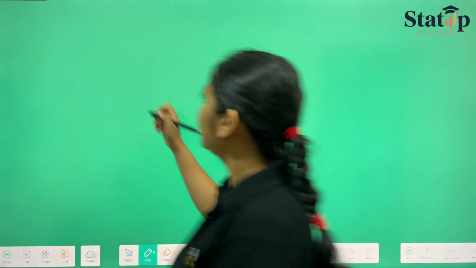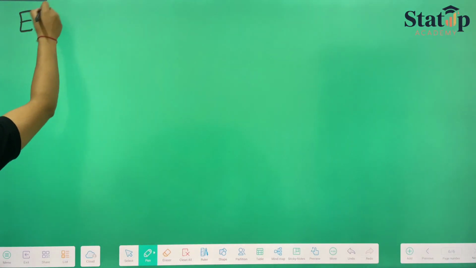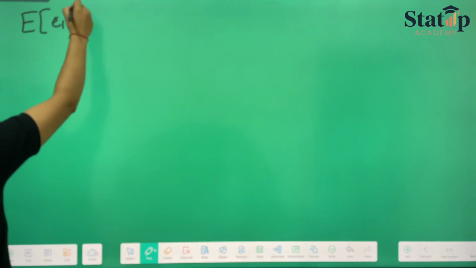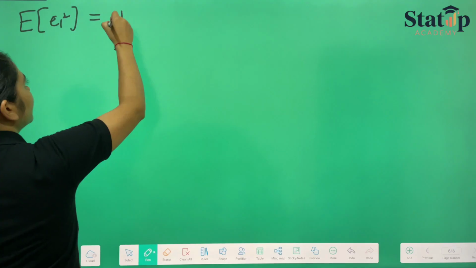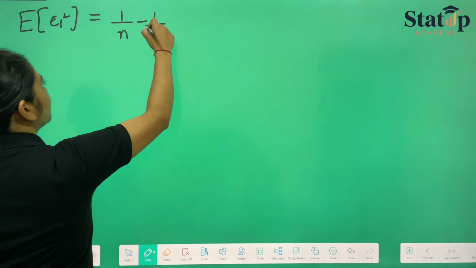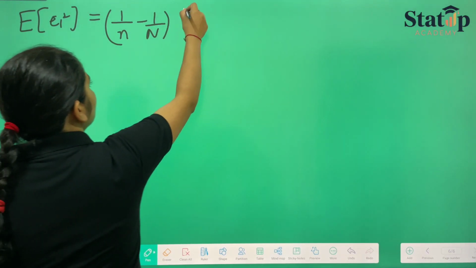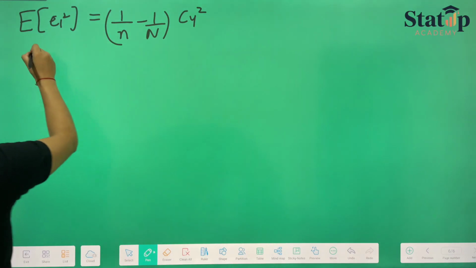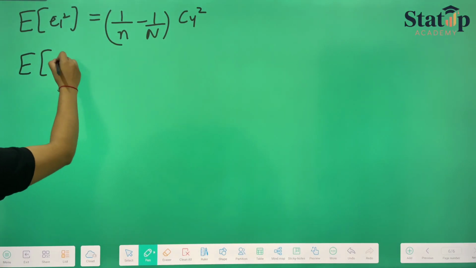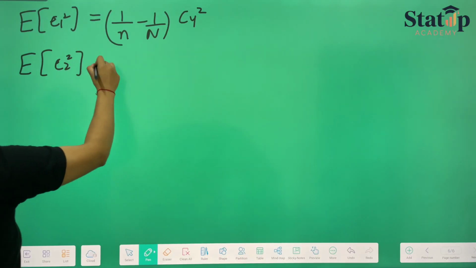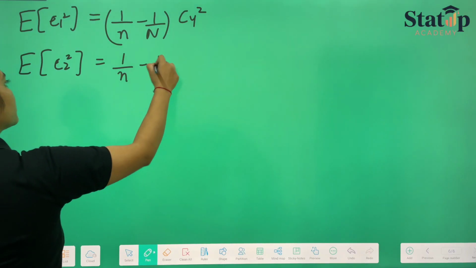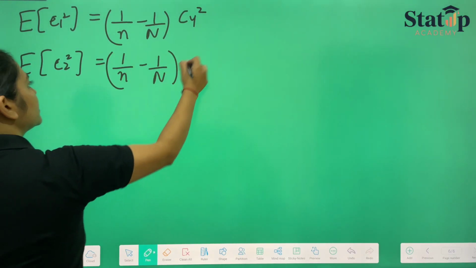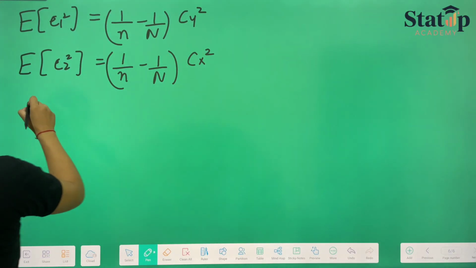Now we all know that estimation of E1 square is nothing but 1 upon n minus 1 upon capital N Cy square. Estimation of E2 square is nothing but 1 upon n minus 1 upon capital N Cx square.